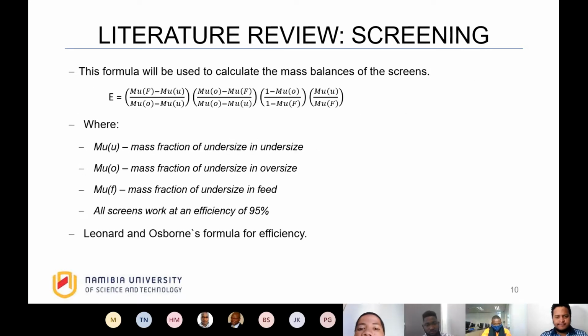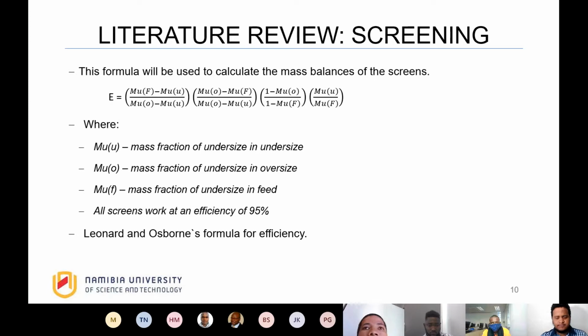Yes, this is the formula that will be used to calculate the efficiency of the screens. Because we are working in the diamond industry, our screens should be very efficient, where your error should be very little. You should work with a high efficiency screen, because if you work with a screen of efficiency of 80, you have a better chance of losing a diamond, and we all know what one diamond is worth.